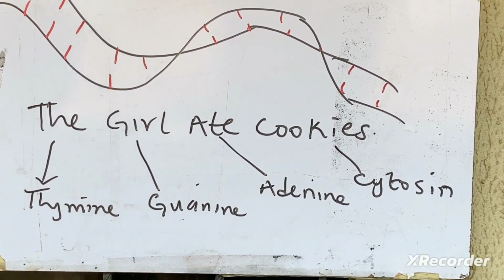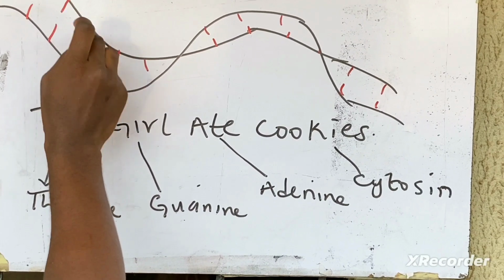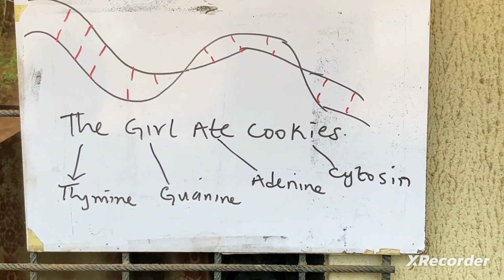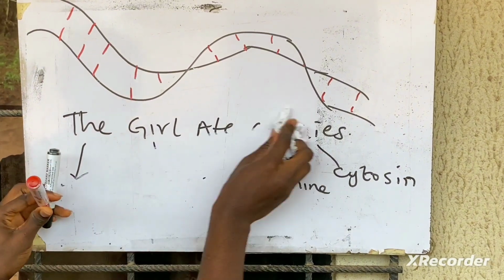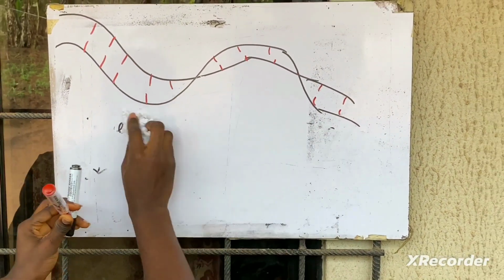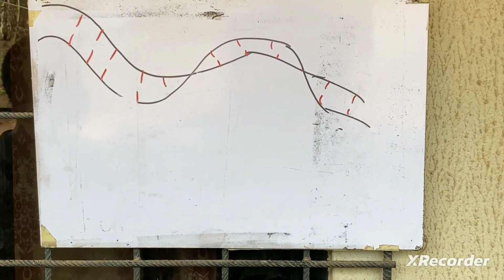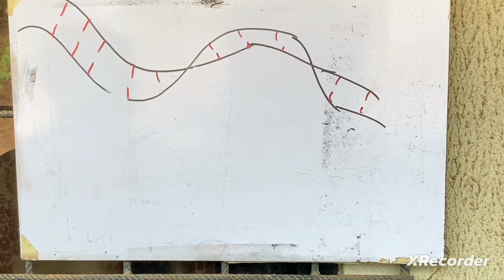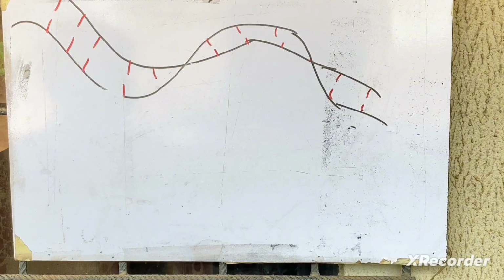Then, how do these bases pair in this double-stranded DNA? I'm going to show one trick for this. The trick is the C curve bases. What I mean by the C curve is that the bases that start with C and the bases that have a curve actually pair together.